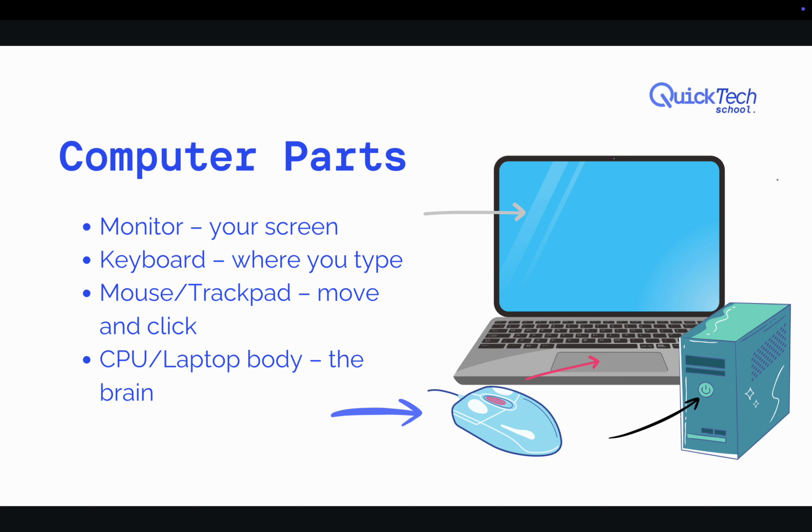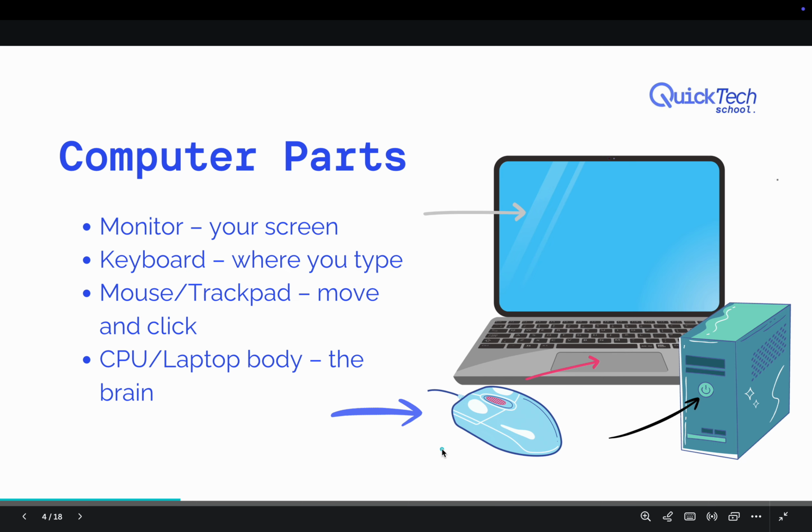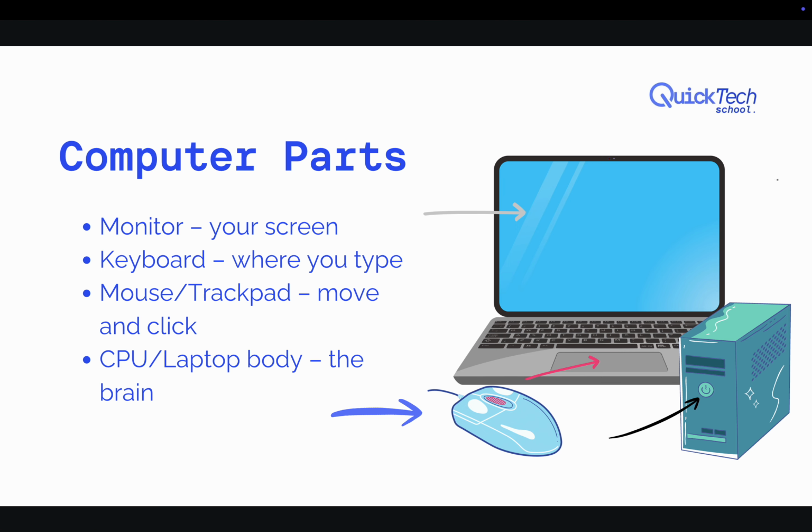And if you think of your computer like an office, the monitor is your window where you see things from. The keyboard is your pen, how you get things into the system's brain. And then the mouse is like your hand, you move around with it, and the CPU is the office itself.